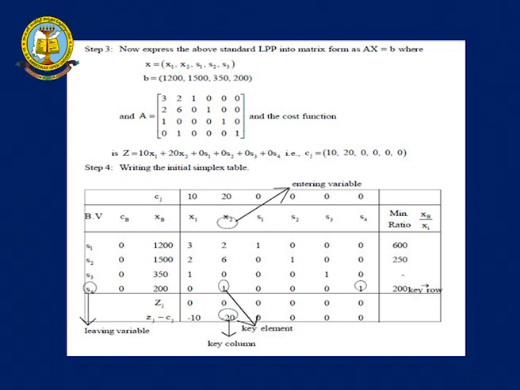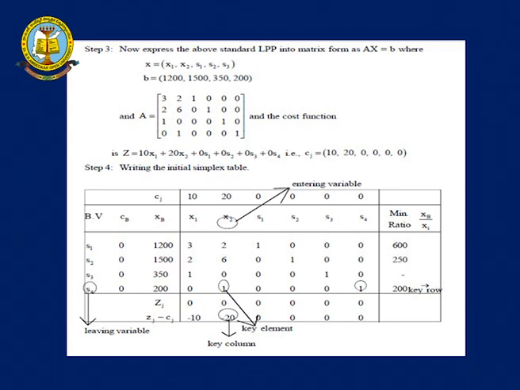For the leaving vector, we come to the minimum ratio formula, xb by xj. Do not take zeros or negatives, because xj must be strictly greater than 0. The entering column is 2, 6, 0, 1.